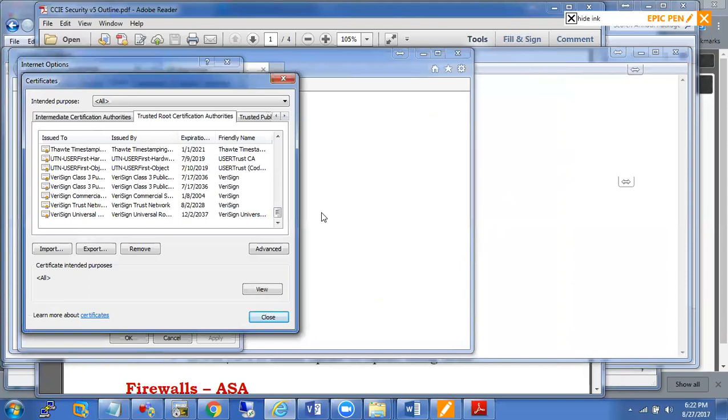It does have an HTTPS certificate issued by Cisco's CA server. But Cisco's CA server is not in your trusted list of root certificates. So it's coming back and telling you, hey, you're browsing to this device, but I don't have the root certificate as a trusted root certificate. Do you want to continue?